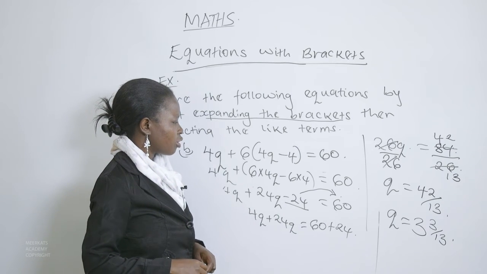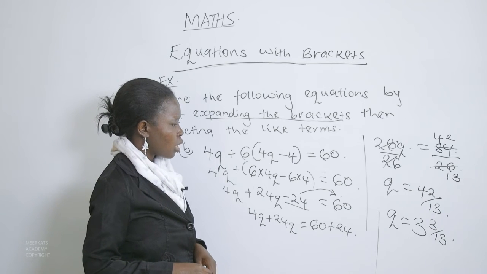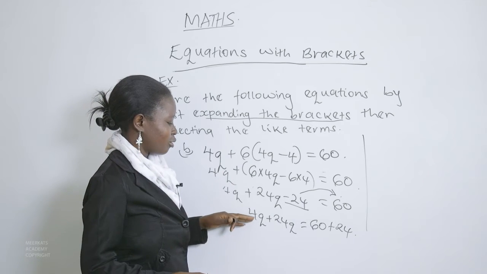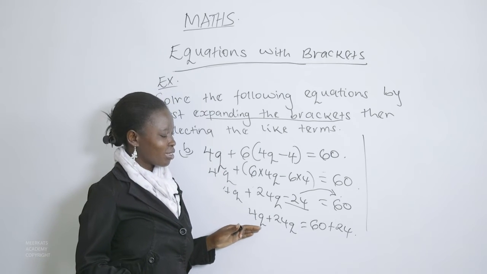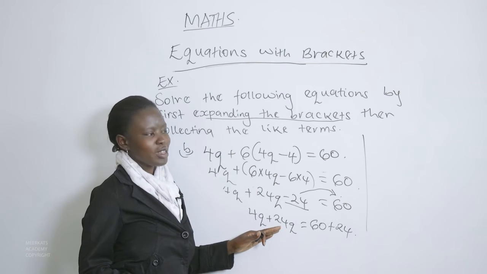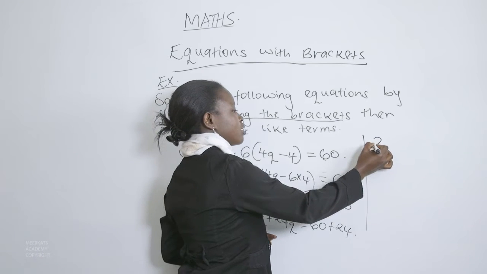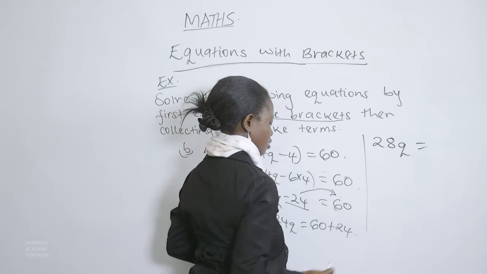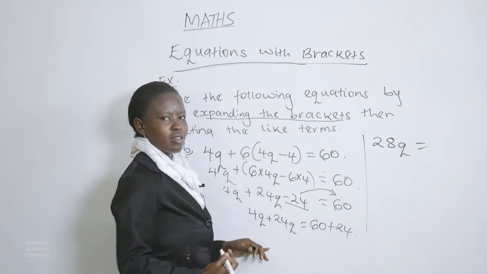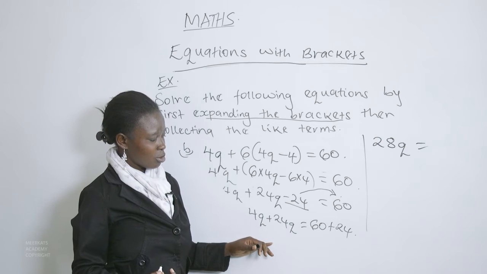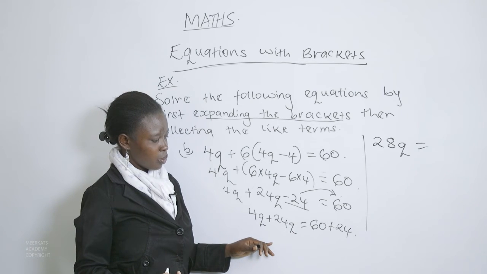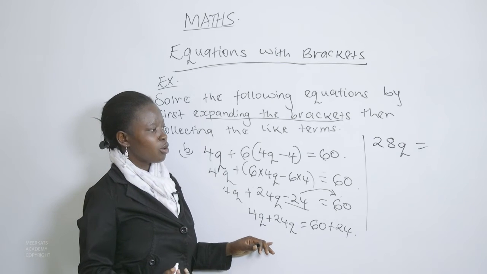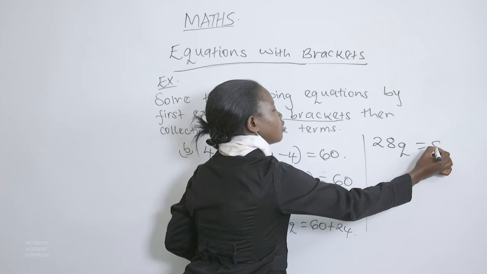Let us confirm if whatever we are having is workable or not. Okay, 4q plus 24q gives us 28q and not 26. So that we have 4q plus 24q is 28q will be equal to 60 plus 24, which is 84.